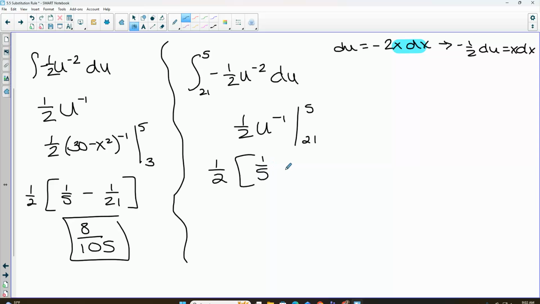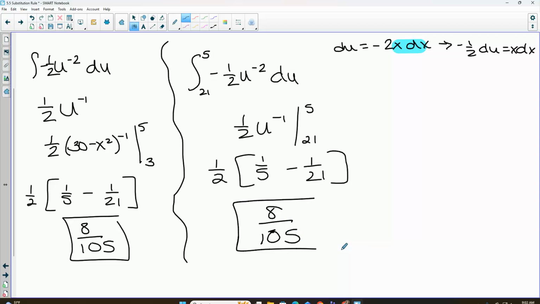So you notice once we plug in, we get the exact same thing. So it is 100% up to you whether you change the limits or put x back in at the end.